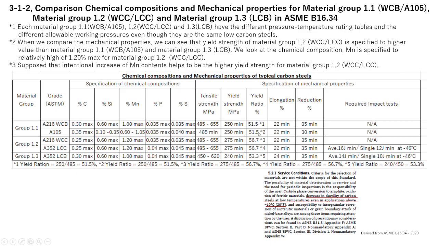So WCB and A105 have a relatively lower yield ratio, close to 50%. WCC and LCC castings indicate a higher yield ratio. The LCB casting at 53.3% is higher than WCB and A105.